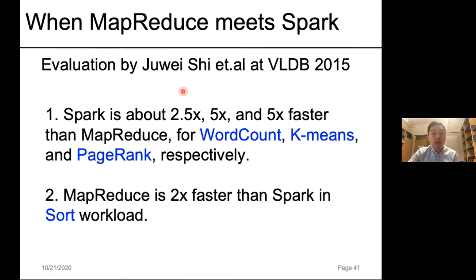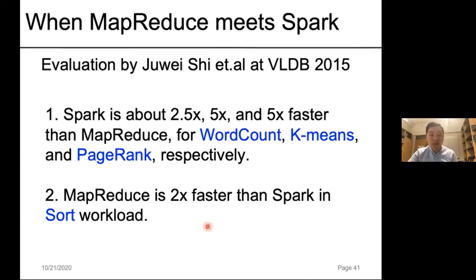And at VLDB 2015, Juwei Shi from Renmin University and IBM conducted an evaluation of MapReduce and Spark, and they have 2 important insights. The first one is that Spark is about 2.5 times and 5 times faster than MapReduce for the word count, k-means, and PageRank workloads respectively.